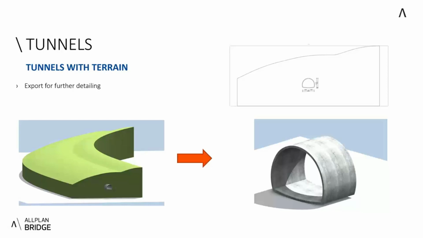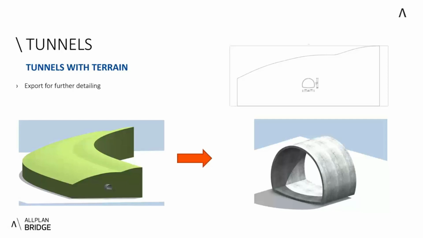We have a good representation of the terrain model and then the tunnel model inside. At the bottom, we see one segment of the bridge model, and we can do this in two ways. The most appropriate way would be to make use of the construction schedule in Allplan Bridge, because once we set up the steps of how this tunnel will be constructed, these construction steps will also be exported to Allplan Engineering and can then be used for further detailing.